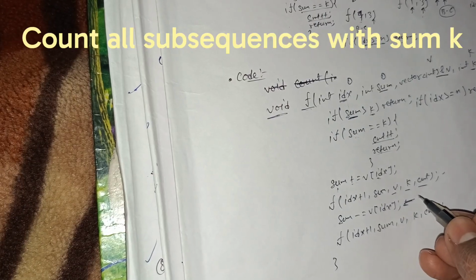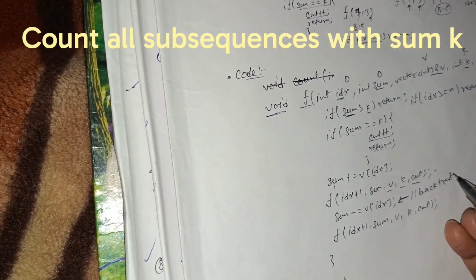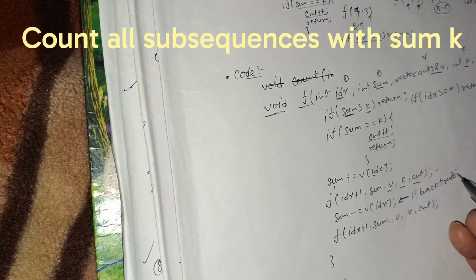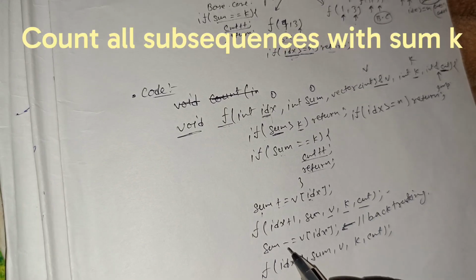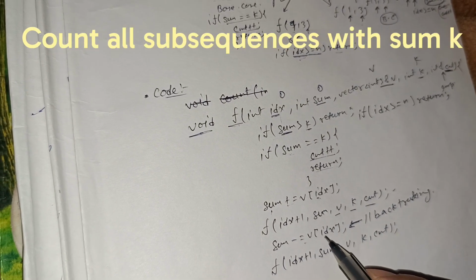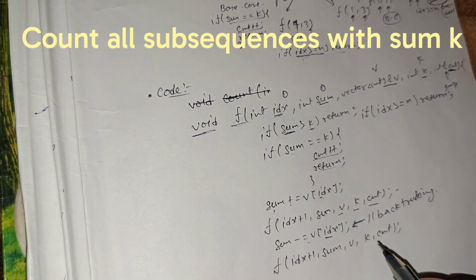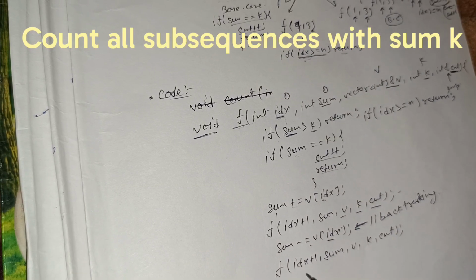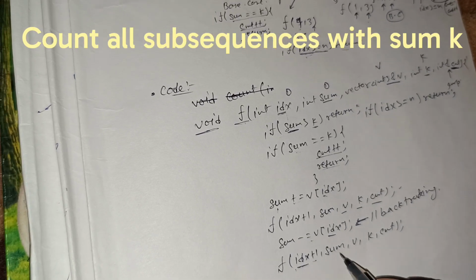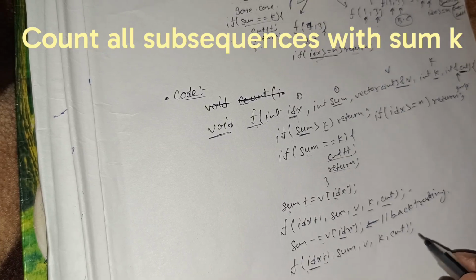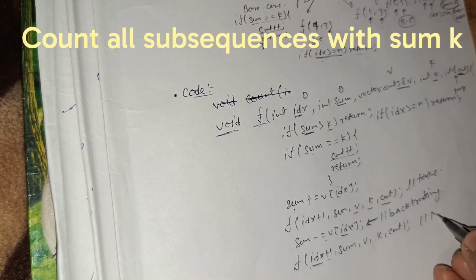It is important for backtracking. Sum will get decreased by the element which is present at index idx. Then the not take function will be called after incrementing the index by 1. Basically this is the take function and this is not take.